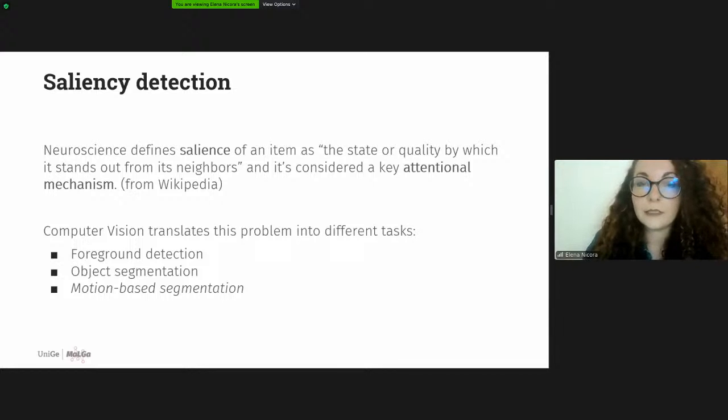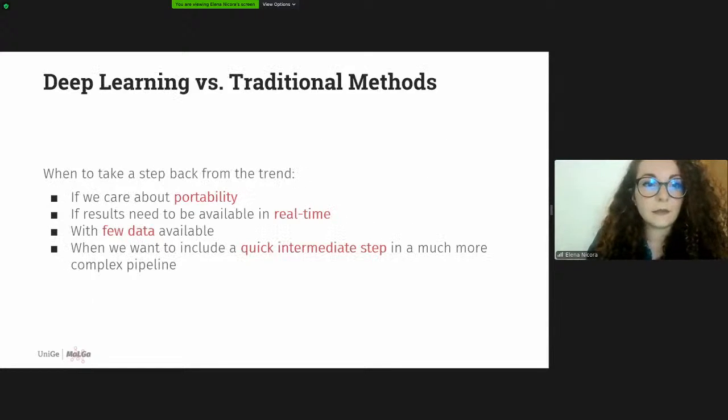What we are mainly interested in is to define saliency based on movement. So motion-based segmentation could be one of the tasks that computer vision uses to replicate this state.